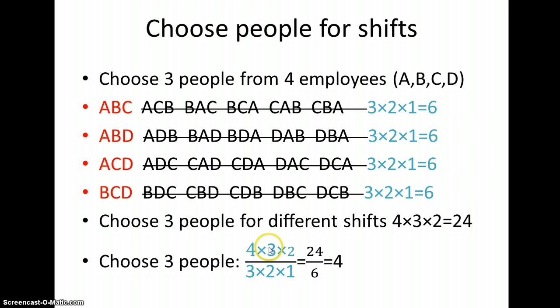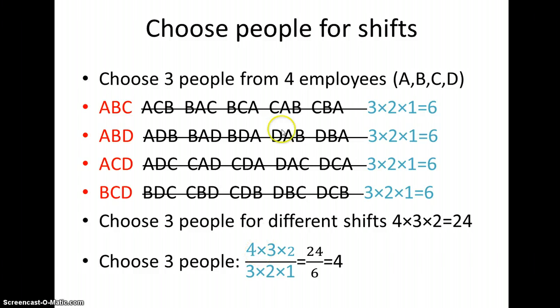Step 1 morning, step 2 afternoon, step 3 evening. And for the bottom, determine how many times each different way repeats. And in this case, because we choose 3 people, we will start from 3 instead of 4. Okay, so that's the difference.